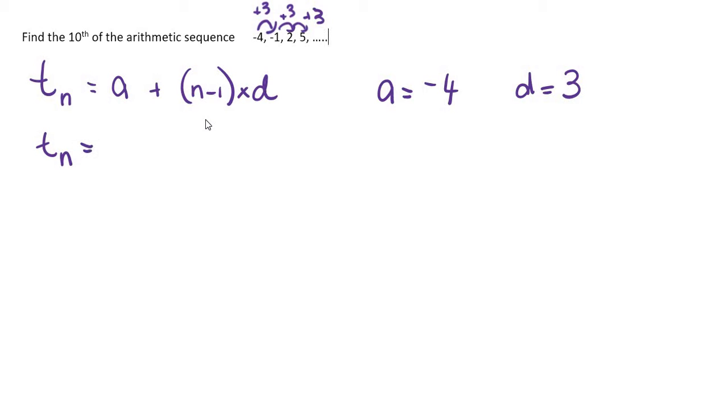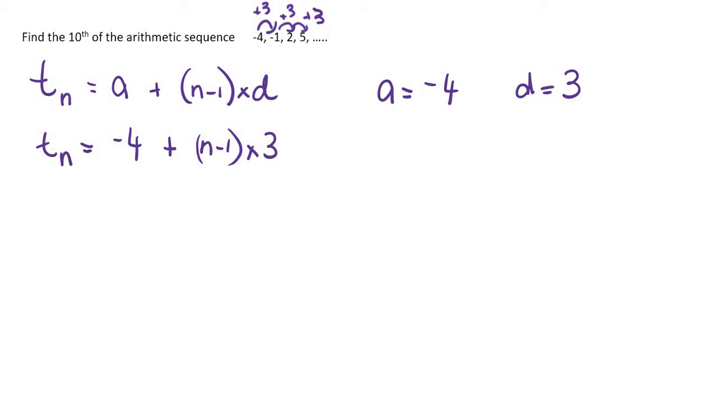So our nth term can be found by -4 plus n minus 1 times d. n minus 1 times 3, because we substitute 3 in for our d, our common difference.